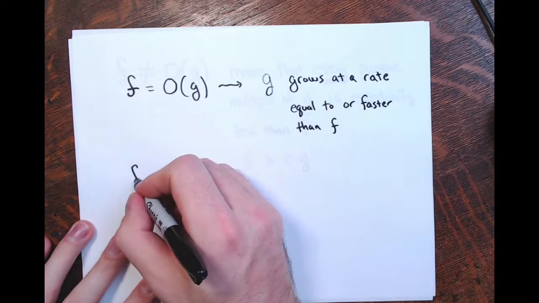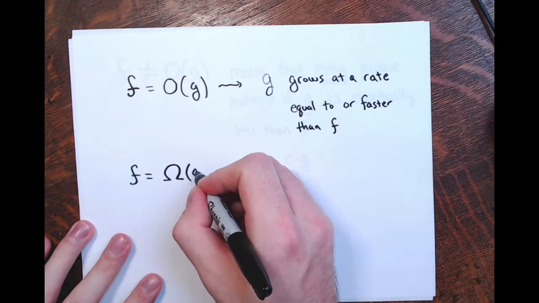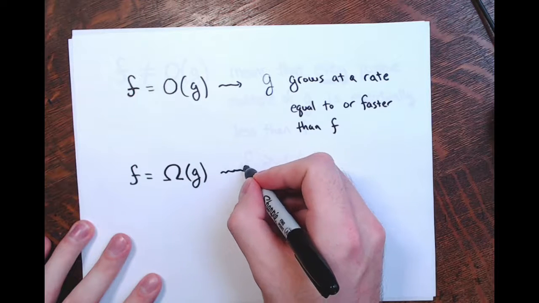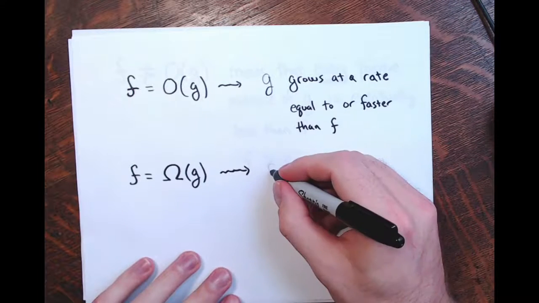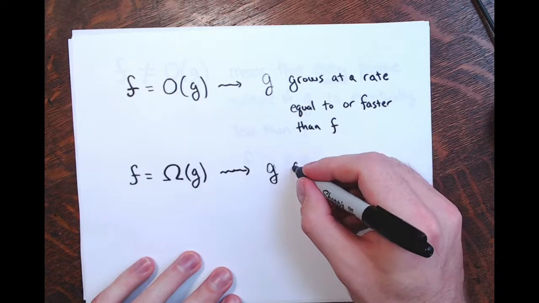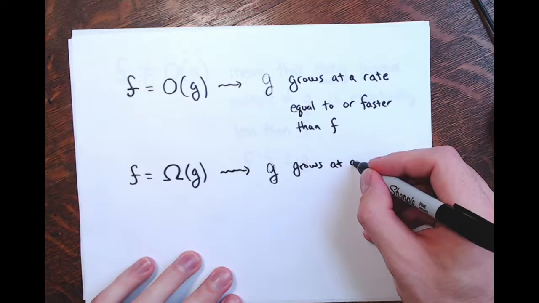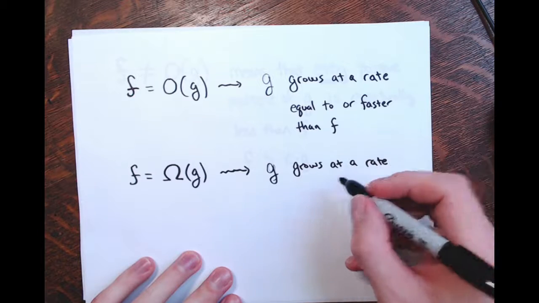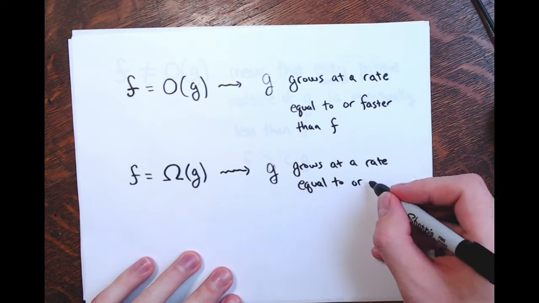And then when you say f is omega g, this means that g has a growth rate equal to or slower than f. G grows at a rate equal to or slower than f.